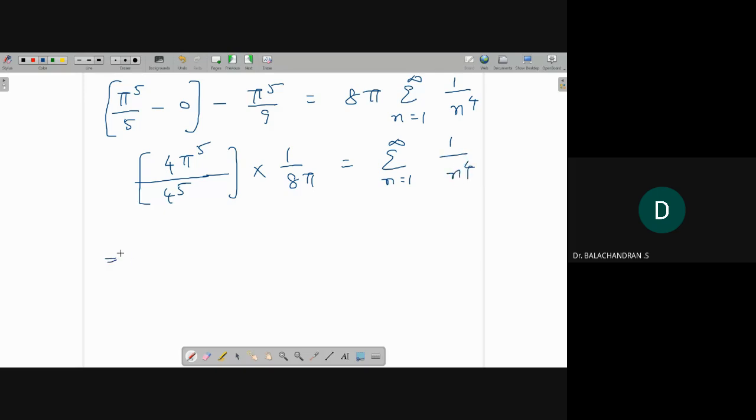So this implies summation n equal to 1 to infinity 1 by n power 4 is equal to, this is actually 45, so 90, yes, pi power 4 by 90.